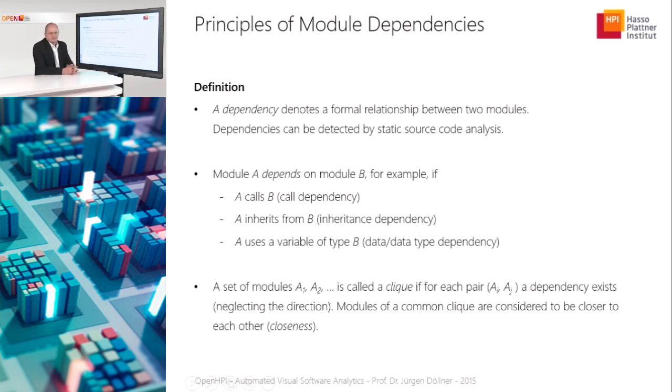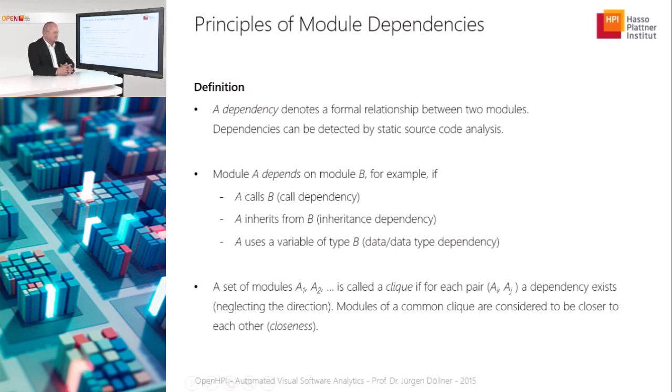There's also a definition for a certain configuration of dependencies. If you have a collection, a set of modules, A1, A2, etc., then this collection is called a clique if for each pair, if you take out two of these modules, you always have a dependency, neglecting the direction of the dependency.